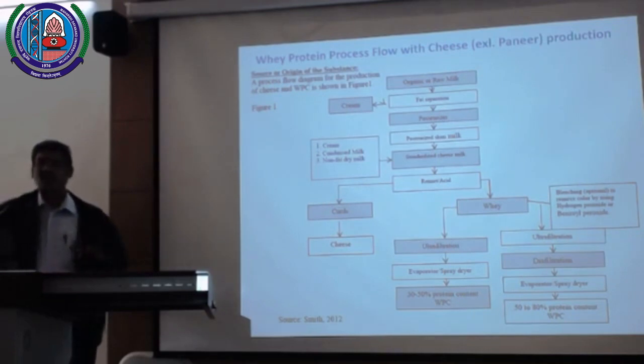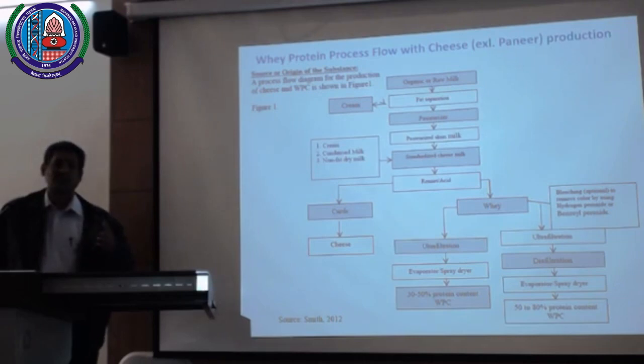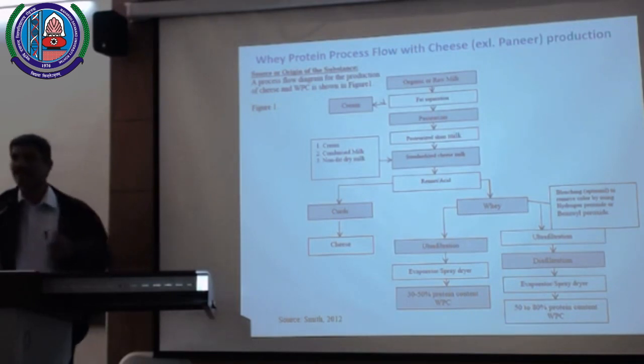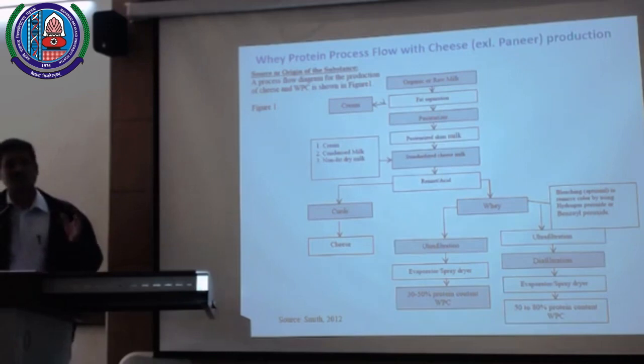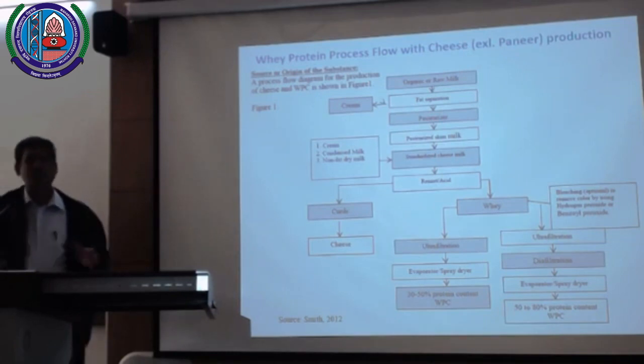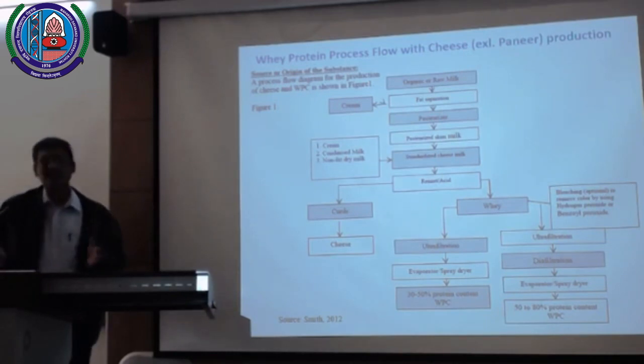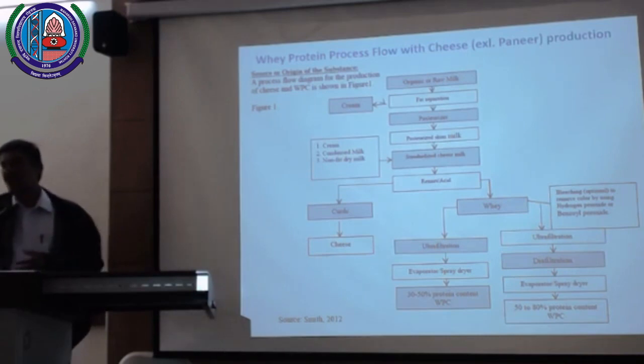When the curd comes, you apply pressure to take out the extra moisture, because if your product has more moisture, the shelf life will be shortened. I think the Indian standard says cottage cheese must contain about 50% moisture, something like that. Due to more moisture, the shelf life will be shortened.